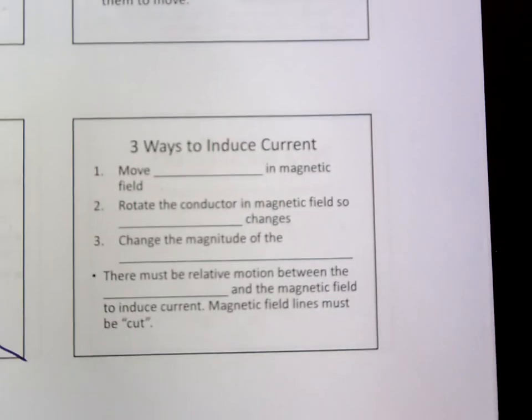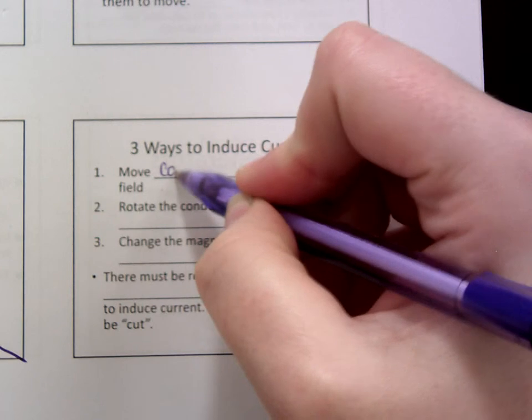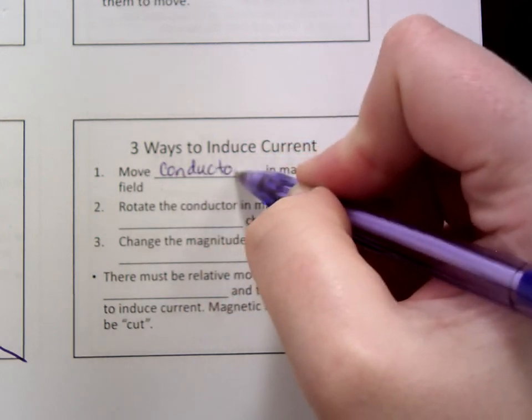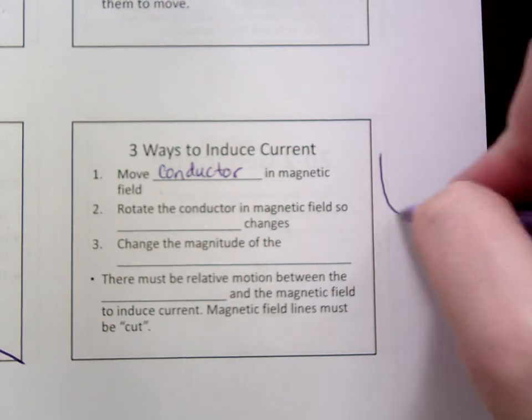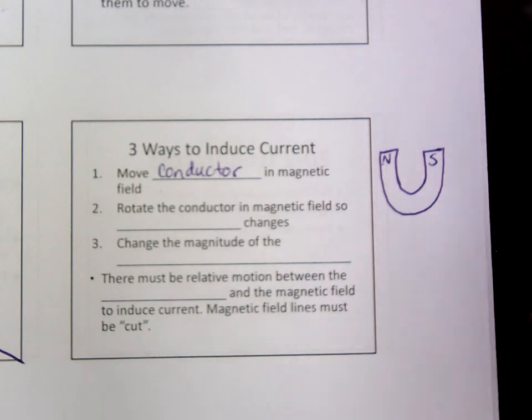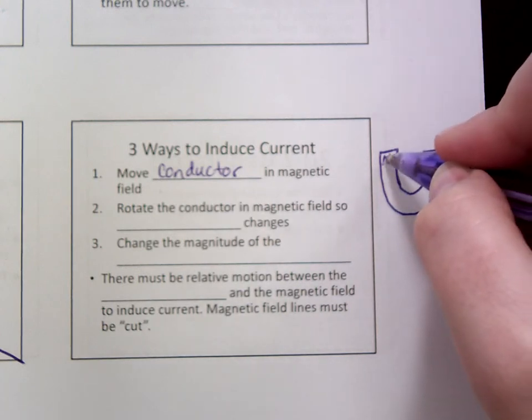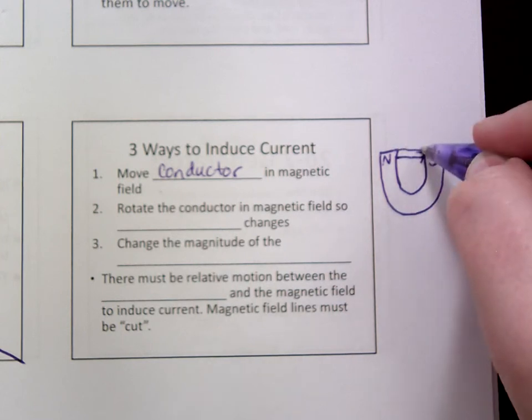Now, there's actually three ways we can induce current. One way is to move a conductor inside a magnetic field. So, just as an example, let's say I had a horseshoe magnet. There is a magnetic field between the poles of the magnet that points away from the north and towards the south pole.